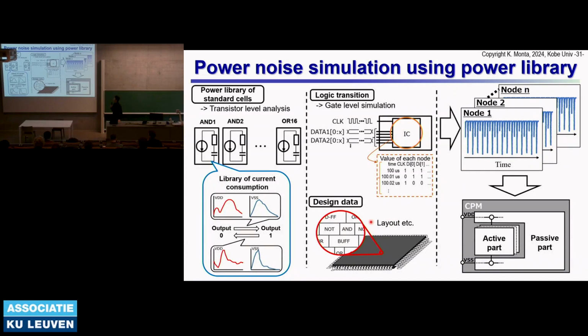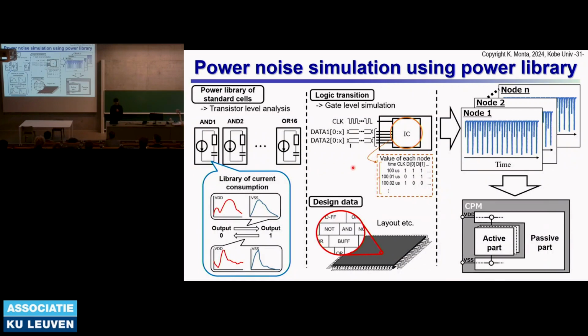This is the overview of power noise simulation using a power library. First, we'll use a power library for each standard cell, made using SPICE level simulation. I'll show the details of how to make the power library of these standard cells later, but this has a characterization of power consumption inside the standard cells, and this is made using SPICE simulation, so it's accurate enough.